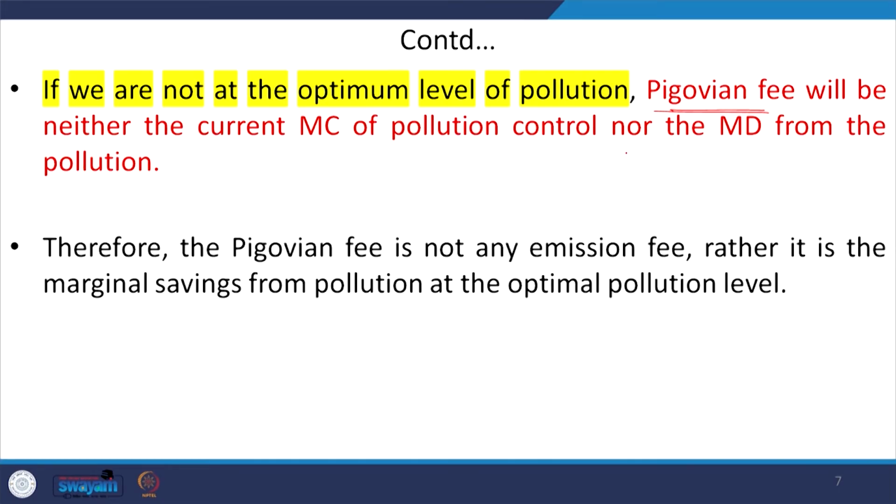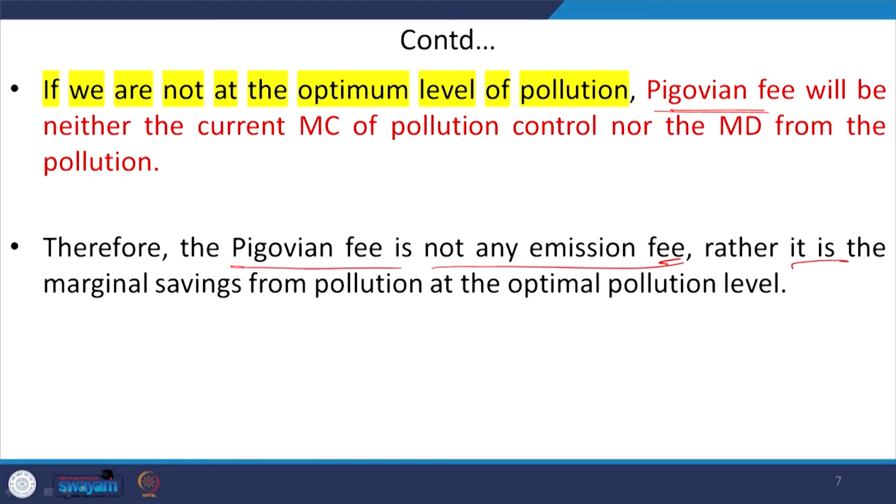Because of this reason, if you are not taking into account the optimal level of pollution, or you are beyond it, this Pigouvian fee is neither the current marginal cost of pollution control, nor the marginal damage from the pollution itself. Because of this, the Pigouvian fee is not an emission fee, right.